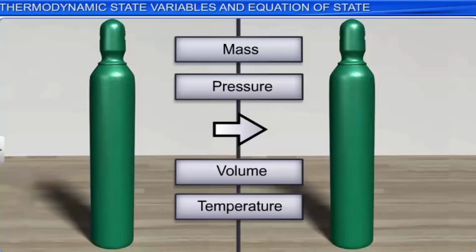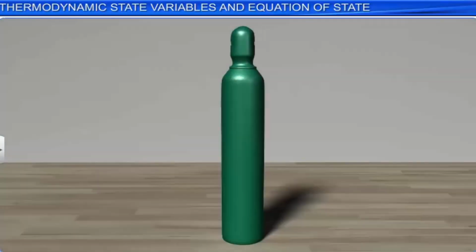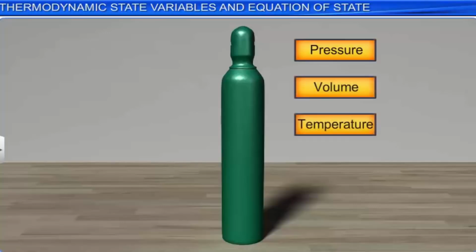The state of the oxygen gas in a cylinder is expressed by providing values of its pressure, volume, and temperature. If the values are P, V, and T, then the state is represented by P, V, T.